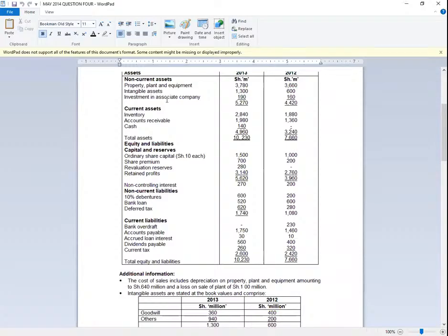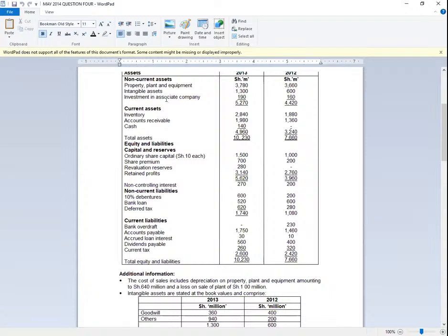Nobody wants to talk to me. Dividend from the associate. Very easy.